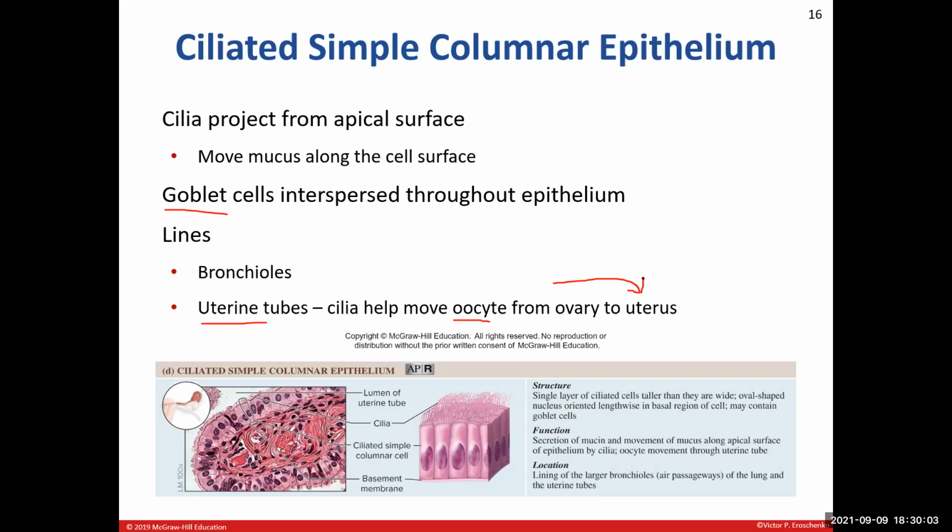It's not like a sperm. Sperm's got a tail, so the oocyte needs help. It's like a hot air balloon, at the mercy of the wind currents. In this case, our oocyte's at the mercy of the cilia beating in the direction of the uterus, and so it sweeps it down. It's got no choice. It's like the current of a river. It's just going to go downstream.